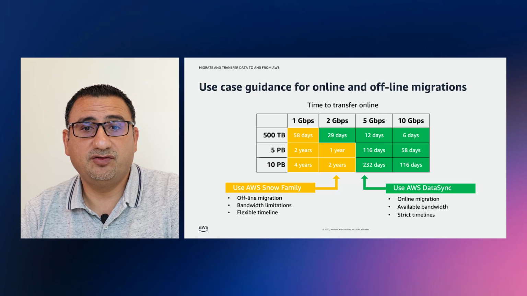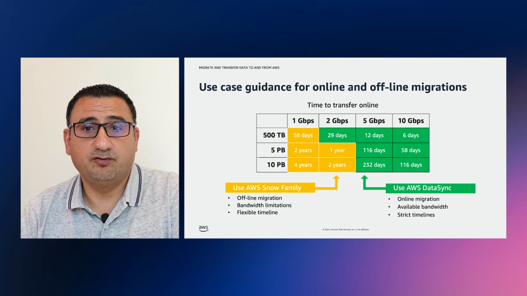Now, while in some cases this time frame might be acceptable, for most migration cases that would be too much time needed just to transfer 500 terabytes of data. Hence, data transfer using multiple Snow devices, for instance, could prove more efficient.